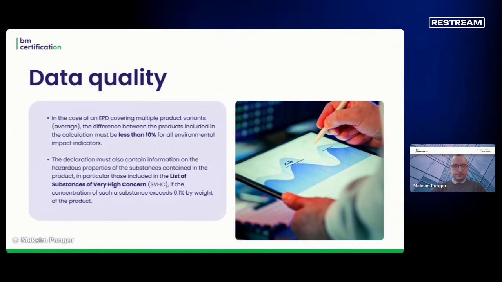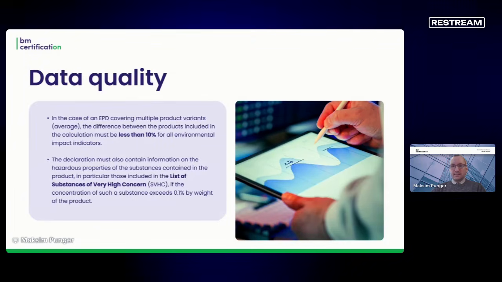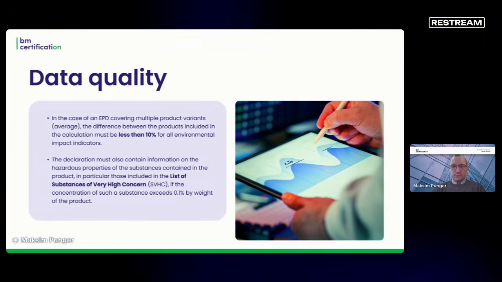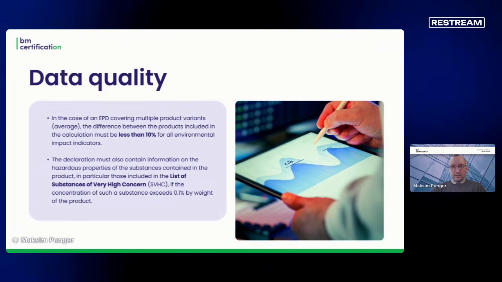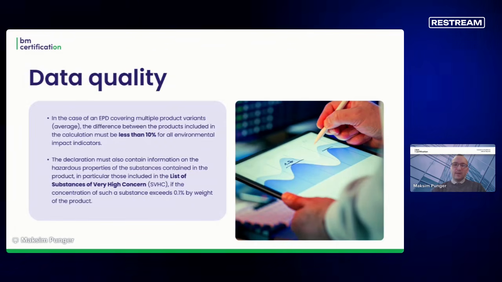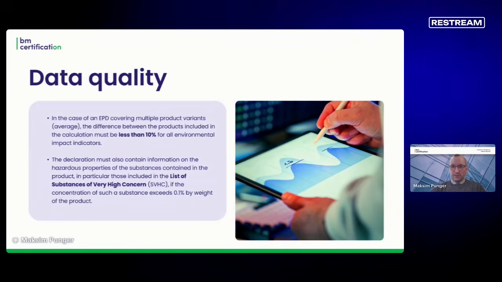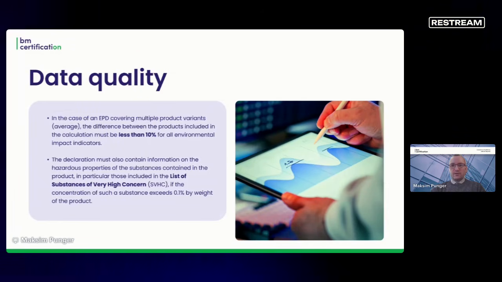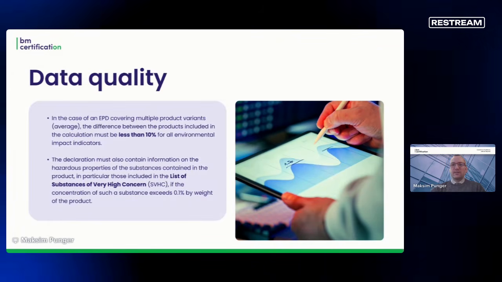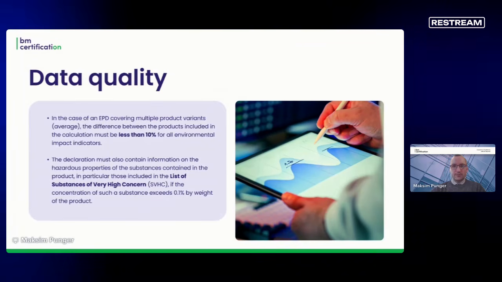The quality of submitted data is assessed and verified. Two main points shall be looked at. If the EPD covers multiple products, average, then the difference between the products included in the calculation must be less than 10% for all environmental impact indicators.